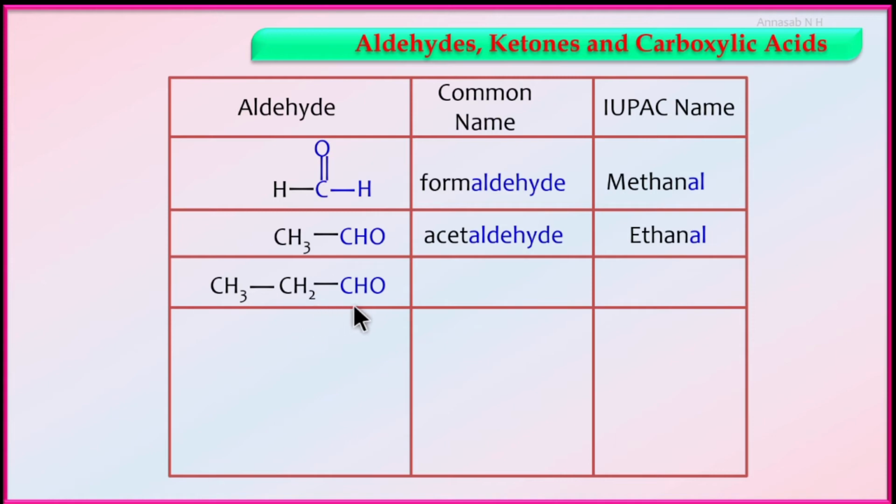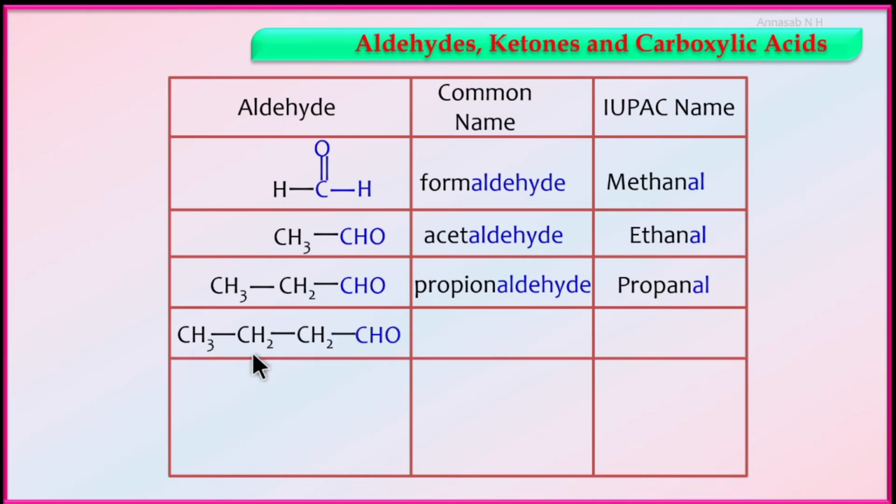Third one, CH3CH2CHO, a 3 carbon compound, common name propionaldehyde and IUPAC name propanal. Next, the fourth one, CH3CH2CH2CHO, total number of carbon atoms is 4, therefore the common name is n-butyraldehyde and the IUPAC name is butanal or 1-butanal.